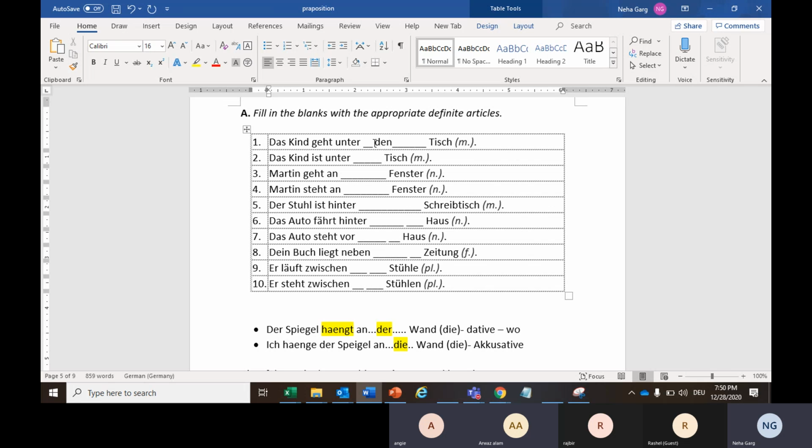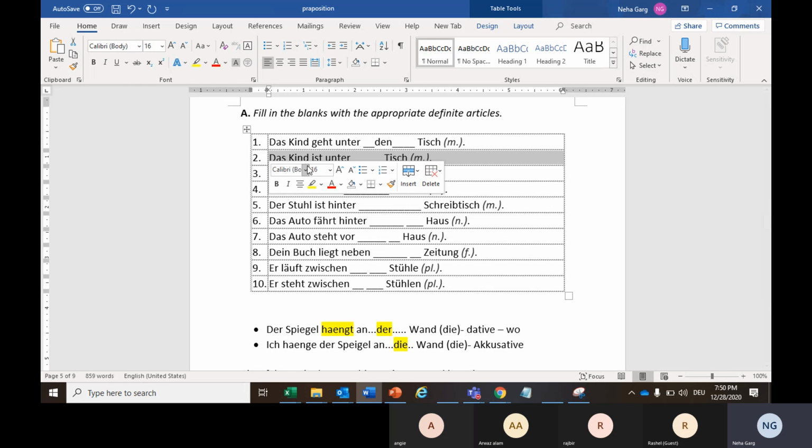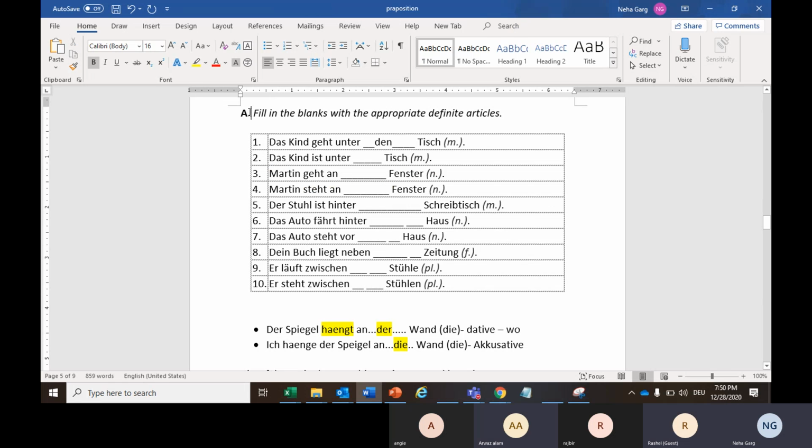Unter den Tisch. Yes, because he's going, so it's accusative. Nummer 2. Rachel, please tell us the answer. Das Kind ist unter dem Tisch. Nummer 3. Arbaz, please tell us the answer.